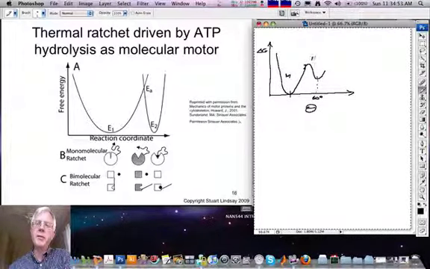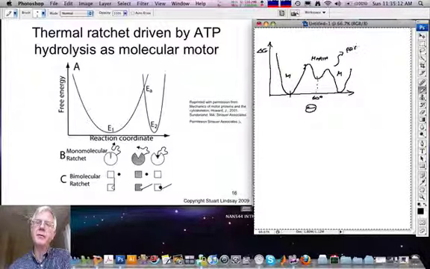This is the motor plus bound ATP. And then finally, the hydrolysis of ATP drives the motor back to the motor alone plus released ADP at the final angle of one step of rotation.